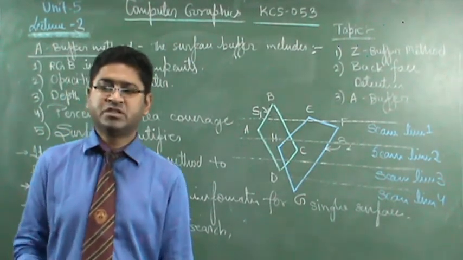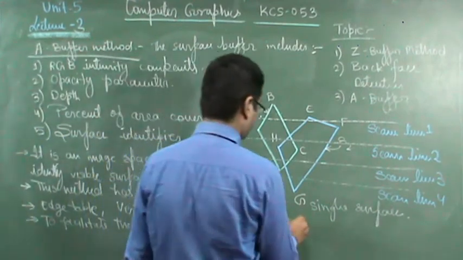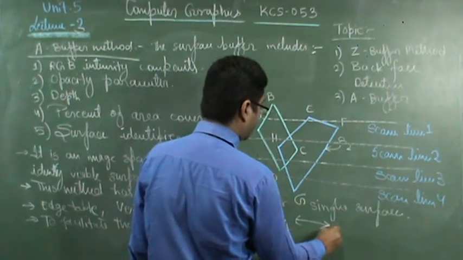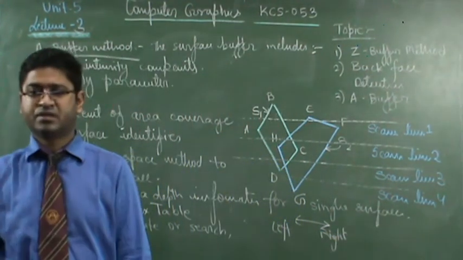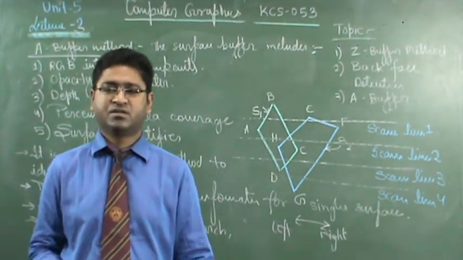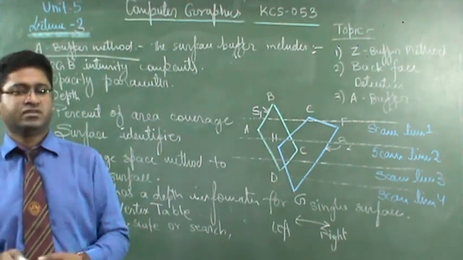So pixel positions across each line are processed from left to right. So this is the left to right orientation, and how it is going to be implemented in this section. At the left intersection with the surface, the flag is turned on, and at the right the flag is turned off.